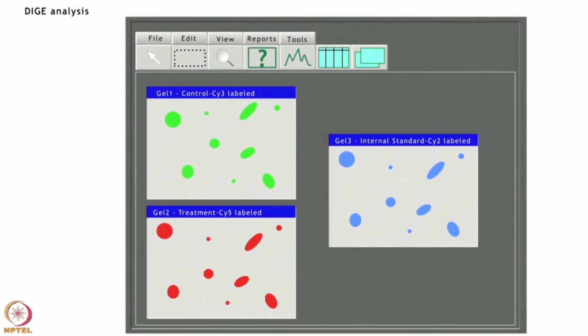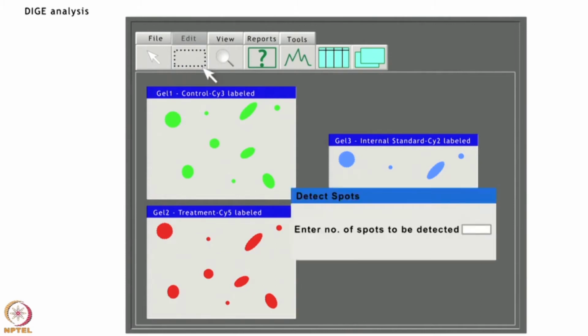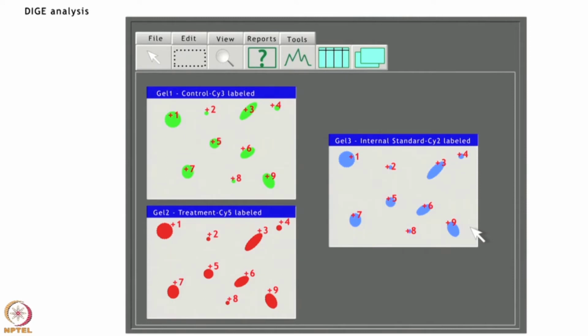Software for difference in gel electrophoresis analysis varies with respect to certain features compared to normal 2DE analysis. It can compare 3 gels simultaneously, of which one is typically the pooled internal standard containing all spots.